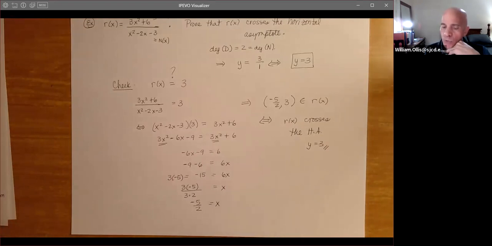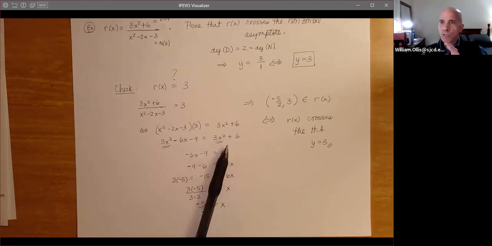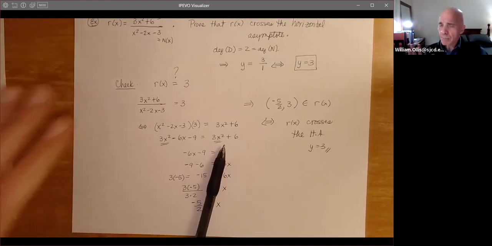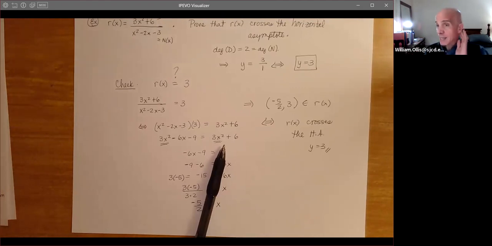And again, what I want you to notice, ladies and gentlemen, is the power of just knowing the intercepts, the sign test, and then of course the asymptotes, because the asymptotes are such a huge part of the graph in the sense that they guide you to the asymptotic behavior.